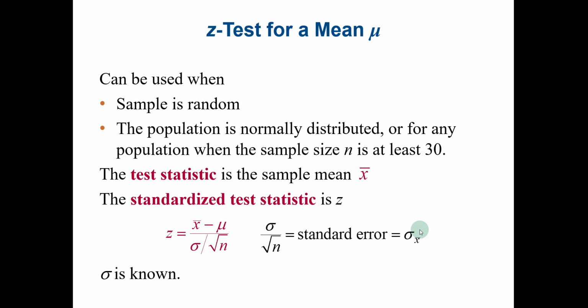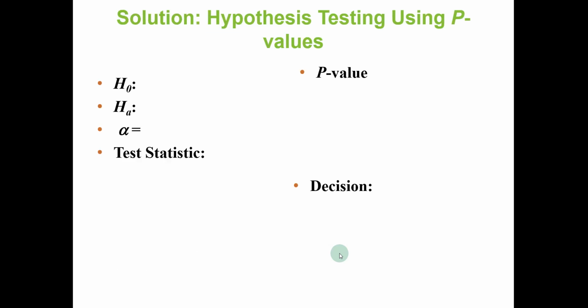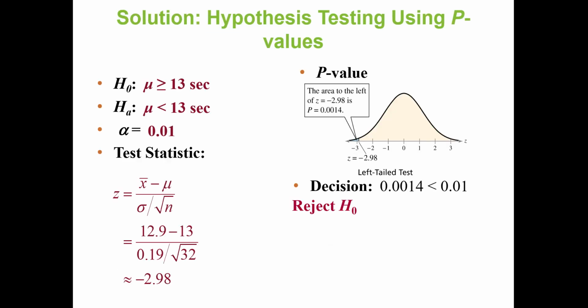Now remember what we had earlier said. We had said when the p-value is less than the level of significance, reject. If the p-value is not less than, fail to reject the null hypothesis. So when we come to that example, remember this is the claim.